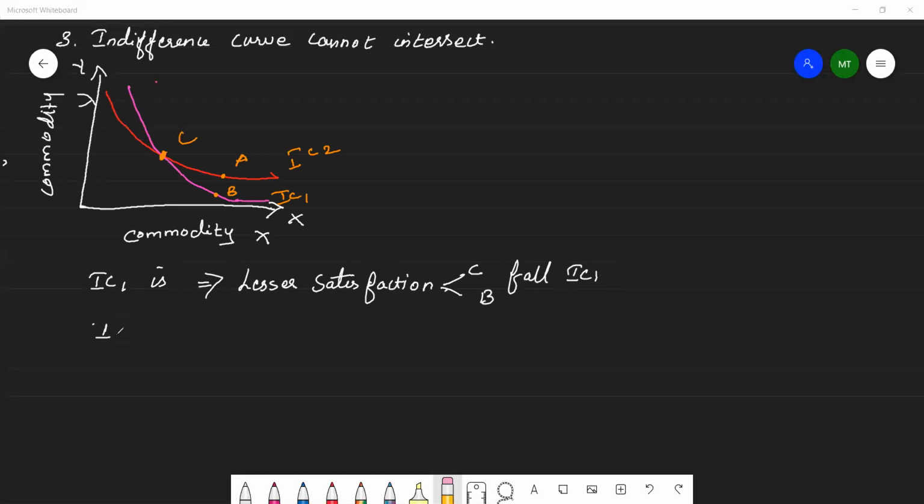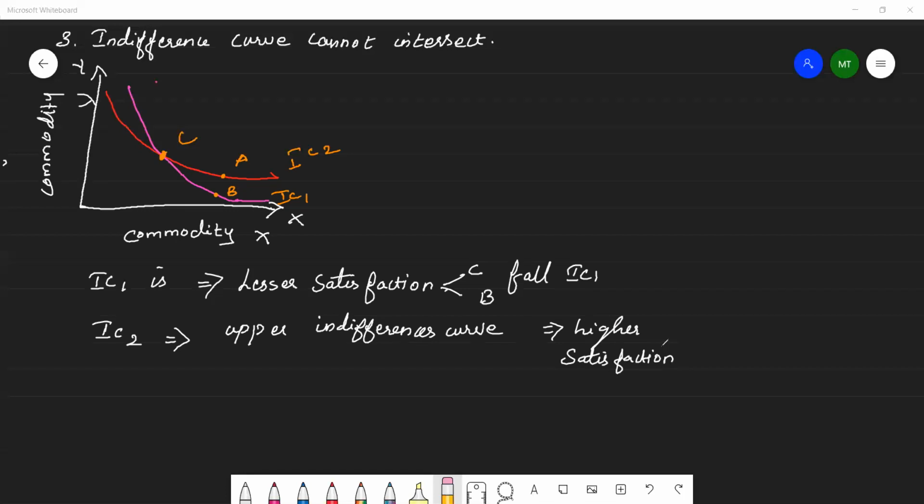Next, IC2 is the upper indifference curve. It denotes the higher satisfaction.